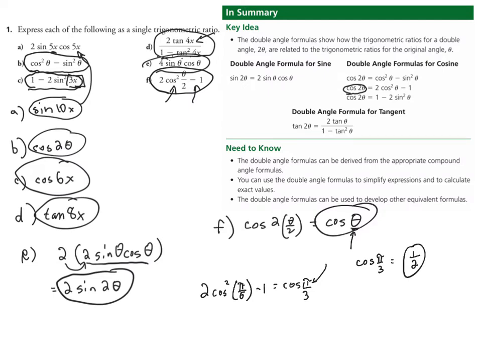So let's just check. Pi by 6, the cos of pi by 6 is root 3 over 2. So cos squared of pi by 6 is root 3 over 2 squared. And then you have to multiply that by 2 and subtract 1. So 2 times, root 3 times root 3 is 3, 2 times 2 is 4, minus 1. This is 3 over 2 minus 1, which is 1/2.